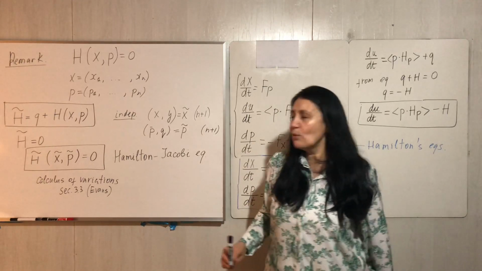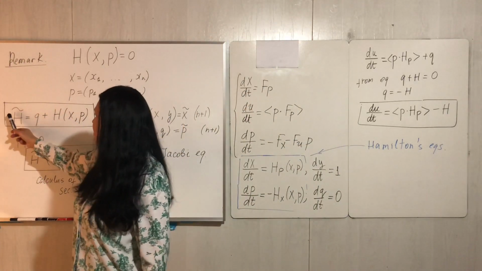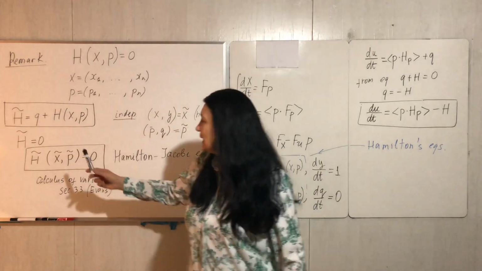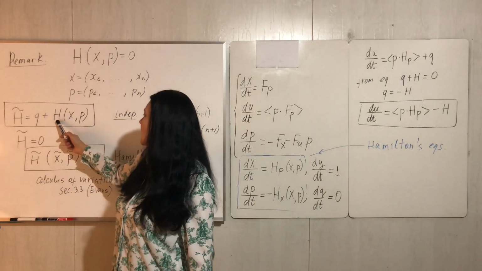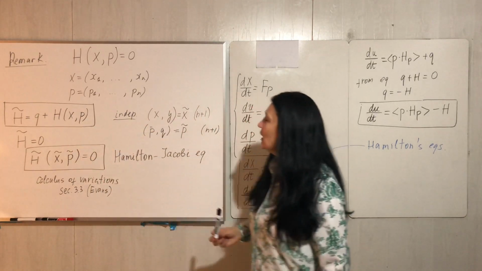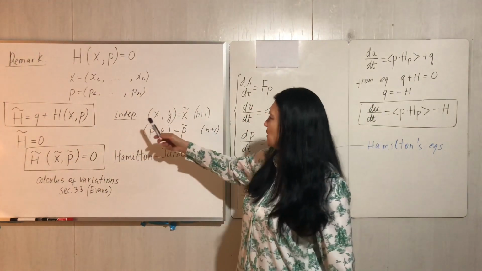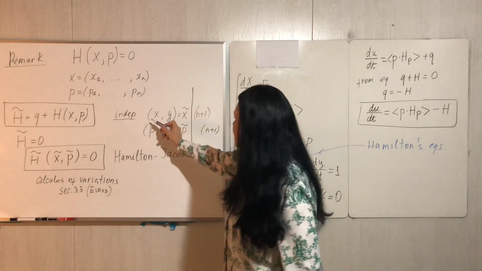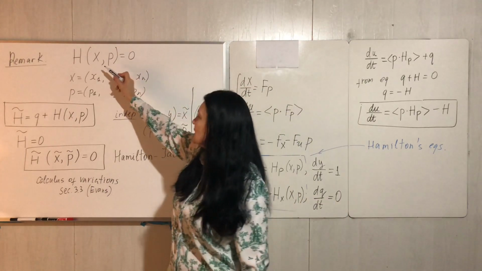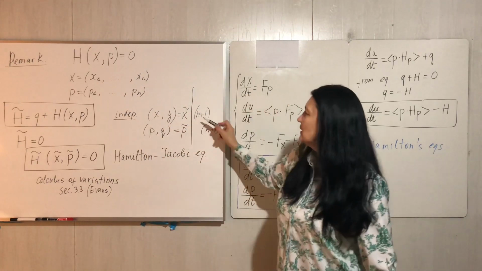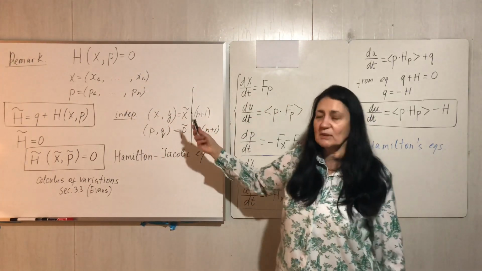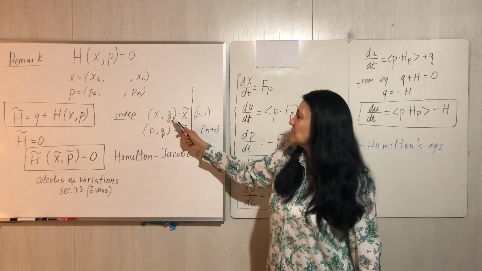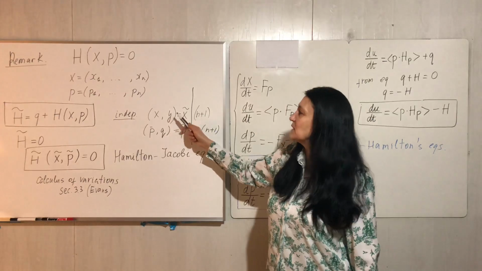So now let's look at this equation. I call it h tilde. So h tilde is q plus h of x, p. So what is the change of notations? Now instead of n independent variables, we add one more independent variable, so we have n plus 1 variables.